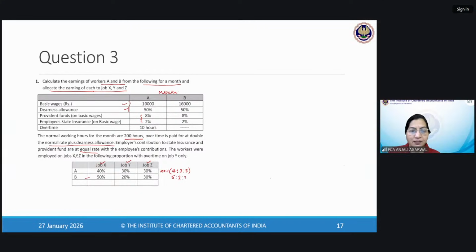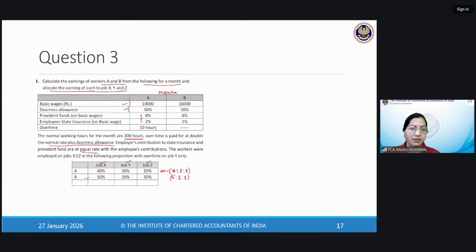Is this part clear? So we have two workers, A and B. They both are doing work in a factory or in an organization where they're both working on three jobs, X, Y, and Z. And how much time they allocate on these jobs is also given.